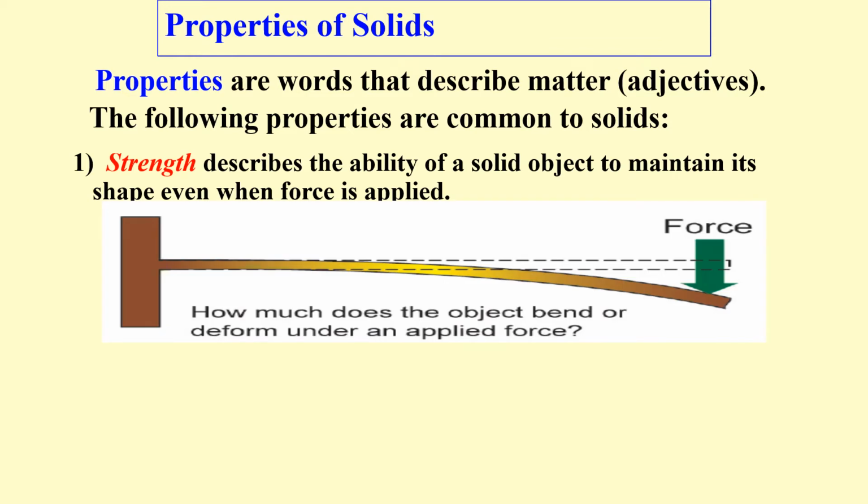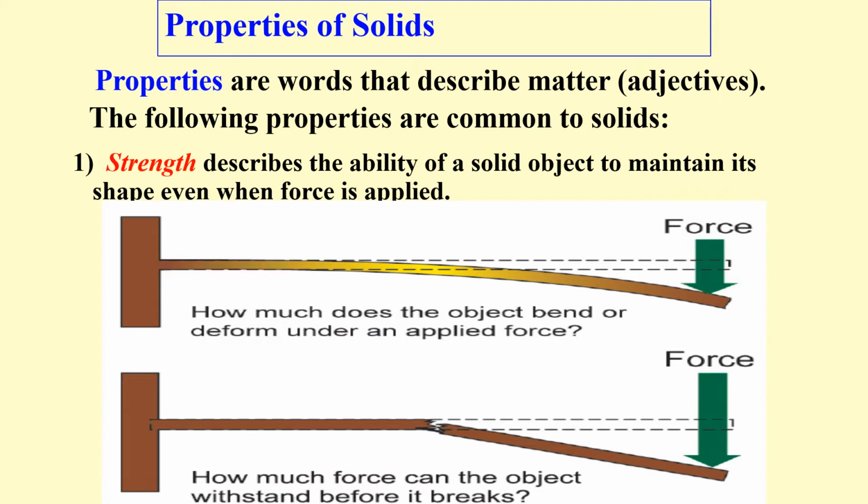In figure 1, when a force is applied at the end of the bar, we can ask how much does the object bend or deform under an applied force. Also, given the force applied, we can also ask how much force can the object withstand before it breaks.